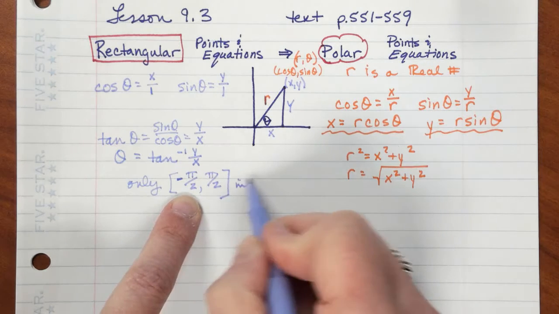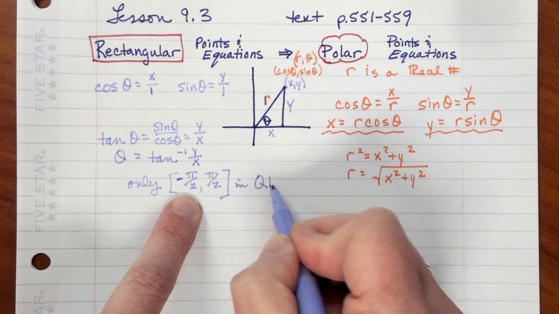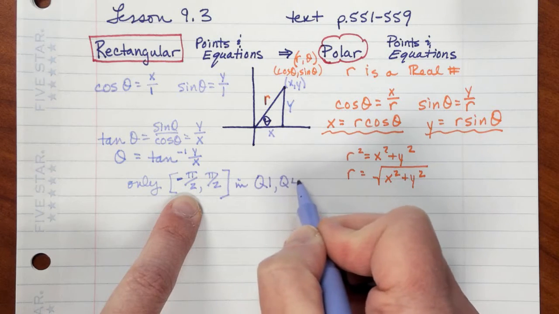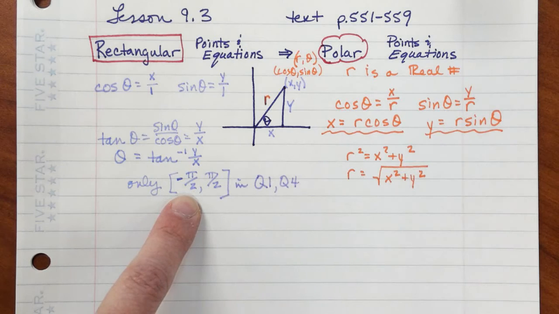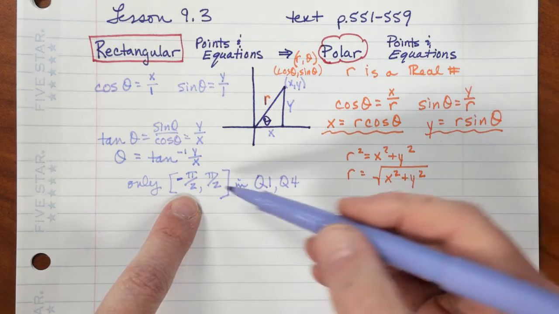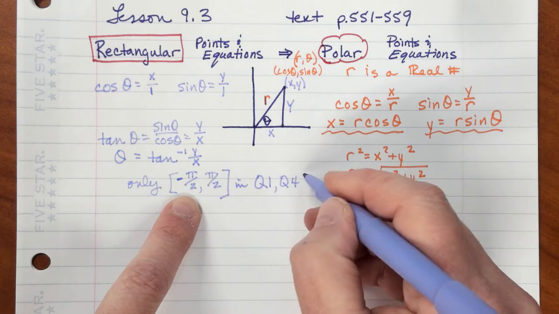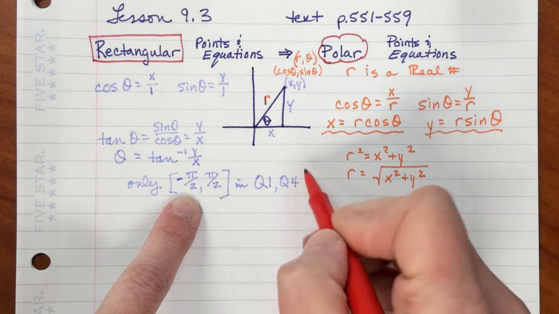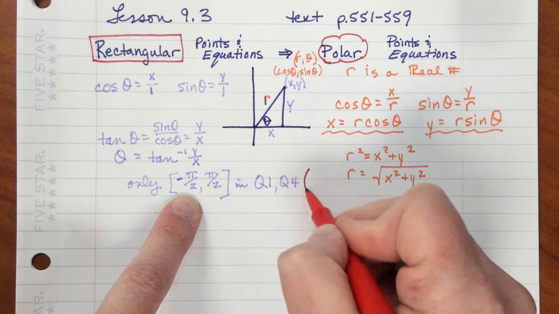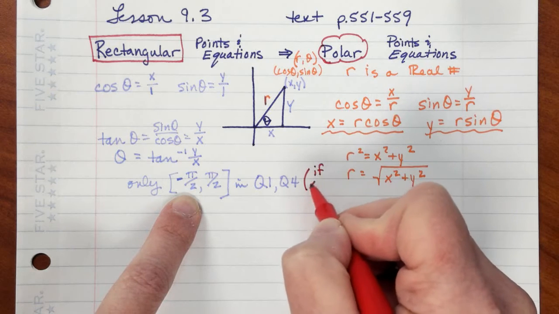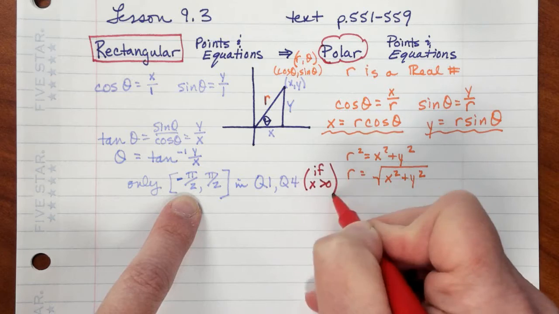Okay, let's write that down. In quadrant 1 and quadrant 4, that is true if we have a positive x. Think about quadrants 1 and 4: x is positive, so if x is greater than 0.